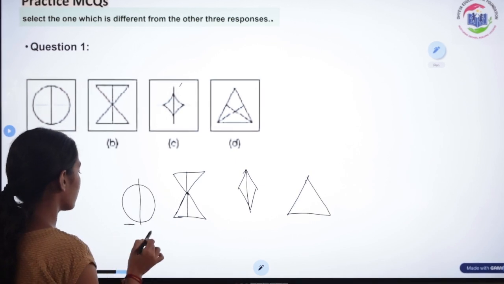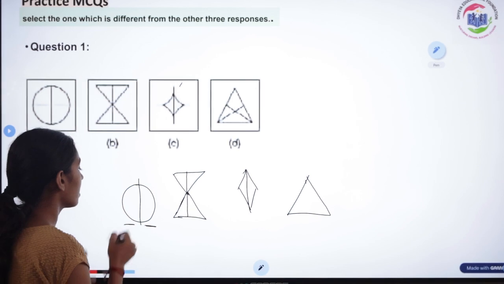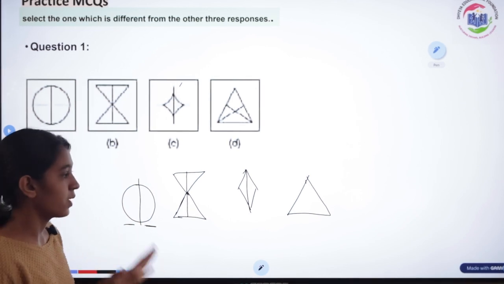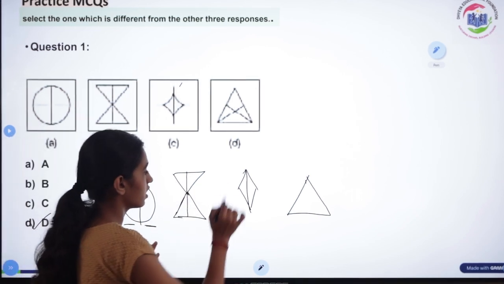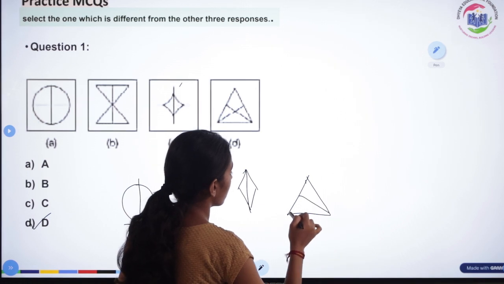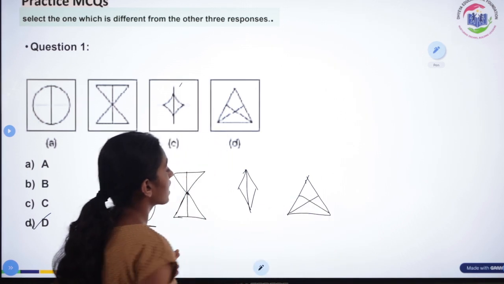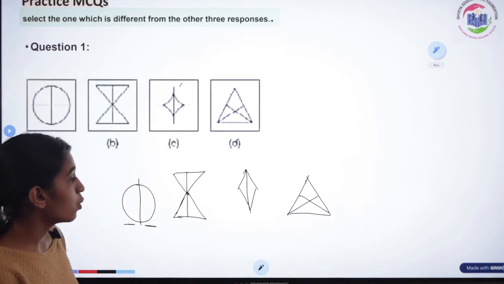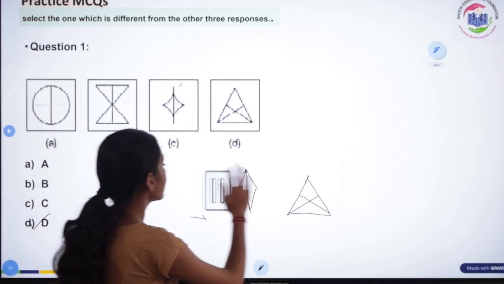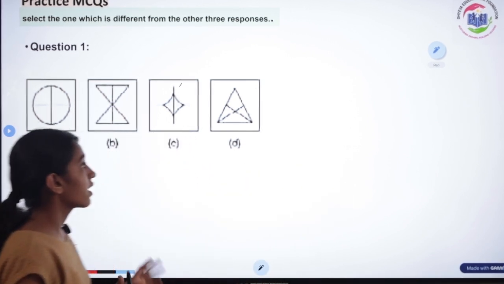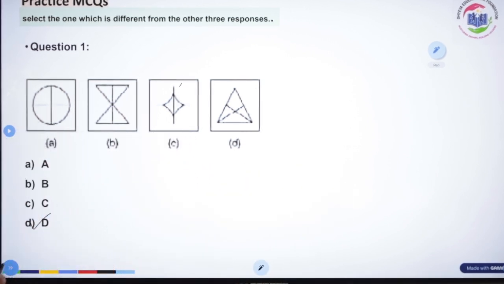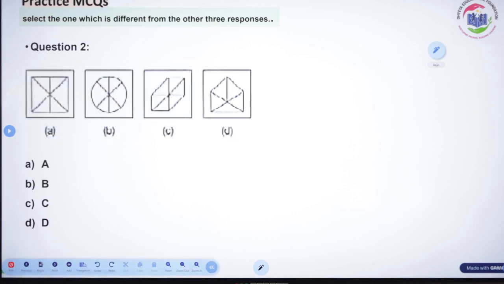Here is one part, here is a second part, and they are similar or symmetric. But in the image where you use two lines to divide, it is not divided into equal parts. Because of this, option D is the odd one out.